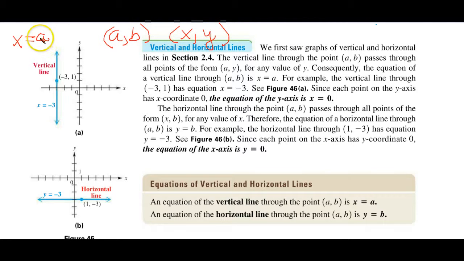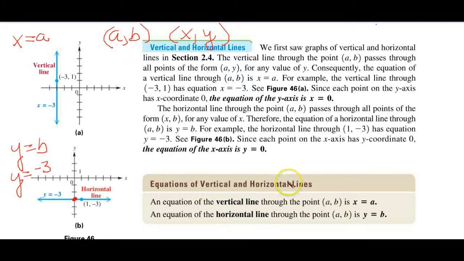So x equals a is just a vertical line going through, in this case, a -3.